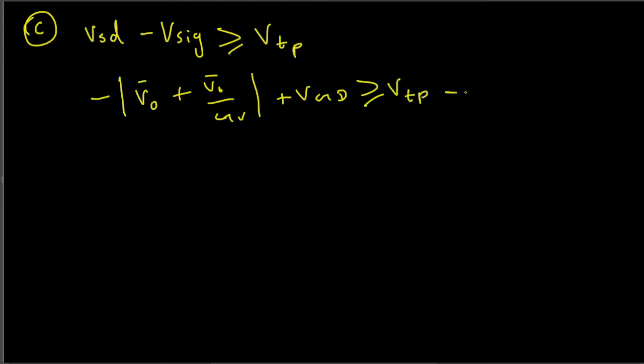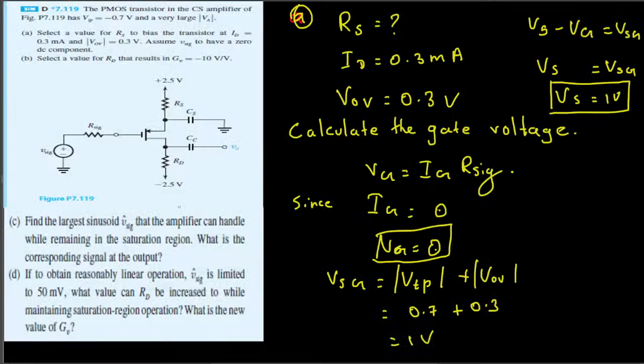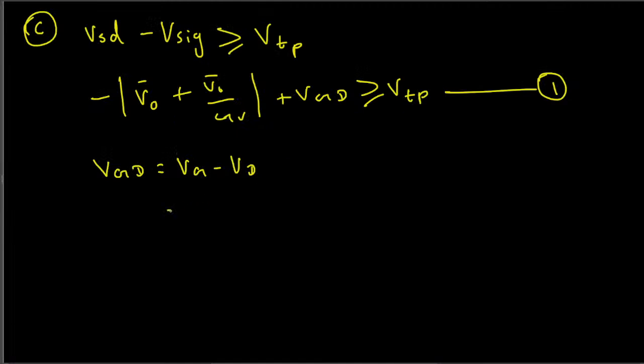Let's call this equation number 1. VGD is nothing but VG minus VD. We already solved VG in the first part of the question, that is 0, because in the gate there's no current, therefore VG is 0 for the PMOS transistor. So we can plug that in, and therefore VGD is equivalent to minus VD.